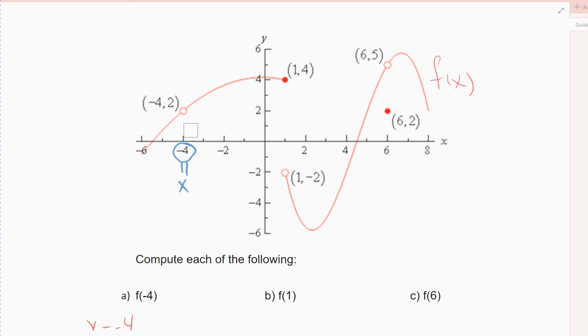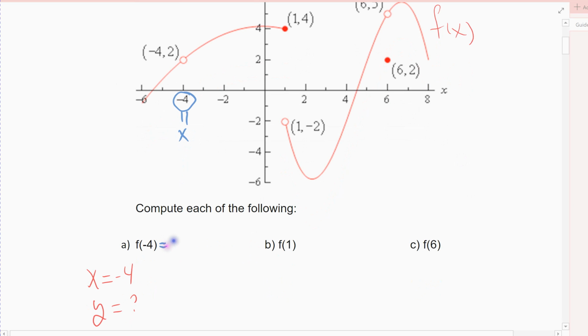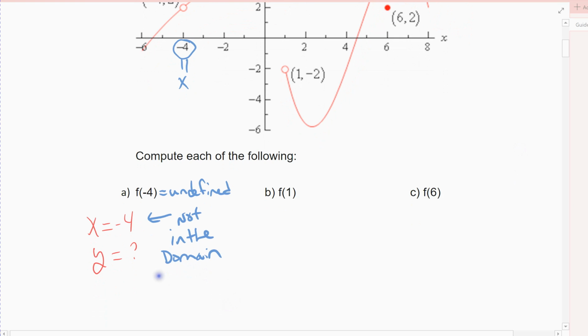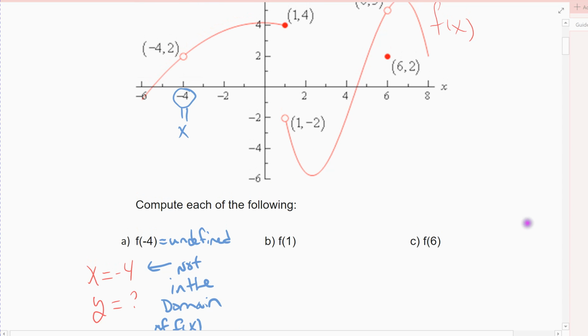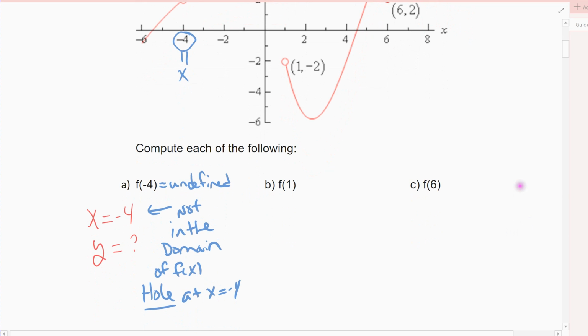Does not exist at that moment. And so the answer to that is we call it undefined. This is not in the domain of f of x. There's a hole at x equals -4. It doesn't exist. All right, so undefined at -4.